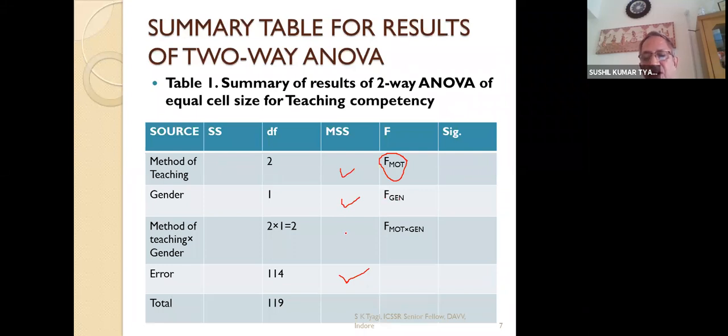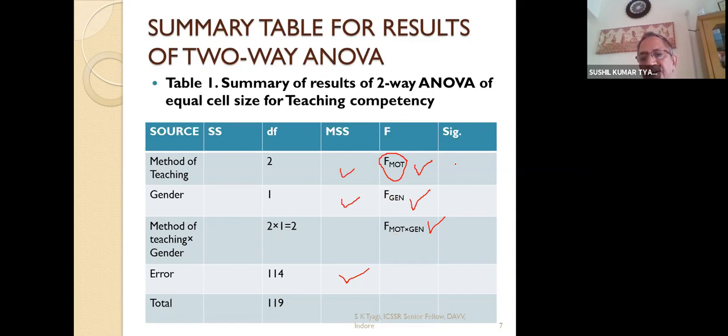Similarly, the third one, MSS for the interaction of method of teaching and gender divided by error, is this. So now in one-way ANOVA, we have one F to be interpreted. In two-way ANOVA, we have 3 effects. Because we have 3 effects, therefore we have 3 F values to be interpreted: F for method of teaching, F for gender, F for method of teaching into gender.